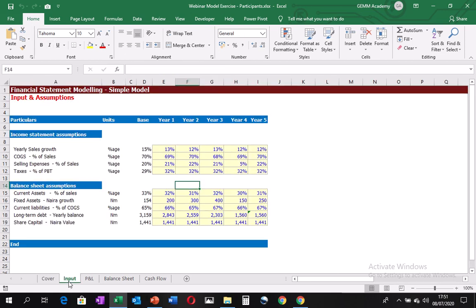So here we've got the inputs that will drive the model. The first thing when building a model is to establish assumptions around each line item in your model.